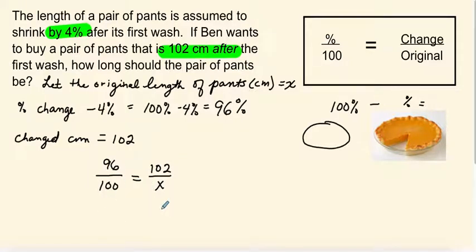Now I can just cross multiply and solve for x. I'm still going to simplify. So 100 and 96 are both divisible by 4. And 100 divided by 4 is 25. And 96 divided by 4 is 24. So 24x is equal to 25 times 102. I'm using a calculator now.